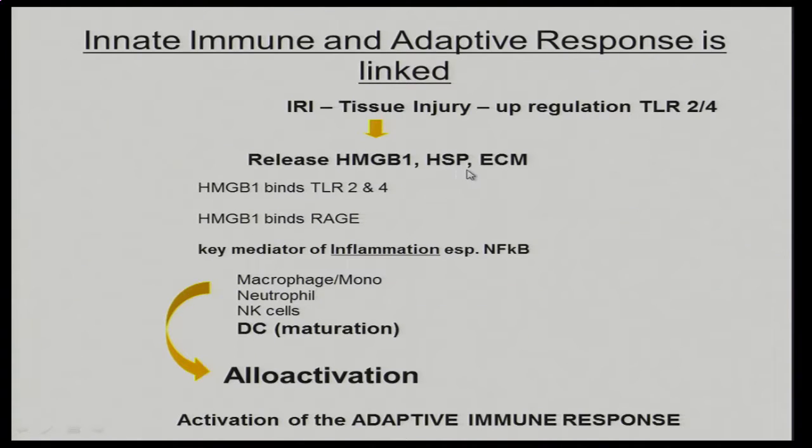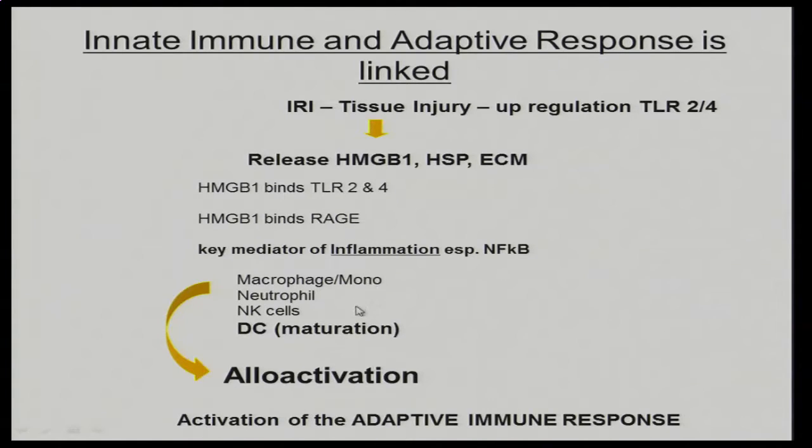There are a whole lot of other things that get released, heat shock protein and others. These important molecules then mediate inflammation through things like NF-kappa B by binding to the toll-like receptors and other receptors such as RAGE, the advanced glycosylation end product receptor.